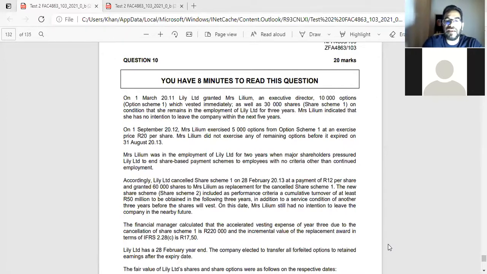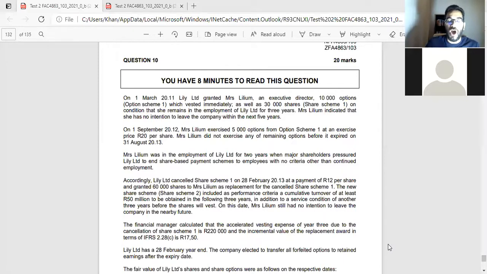So the grant date is 1 March 2011. What did they give her? We know they gave her equity, but they gave her 10,000 options and 30,000 shares. That is what they gave her. So remember, when it comes to equity settled, we want to determine whether there are any vesting conditions or not.